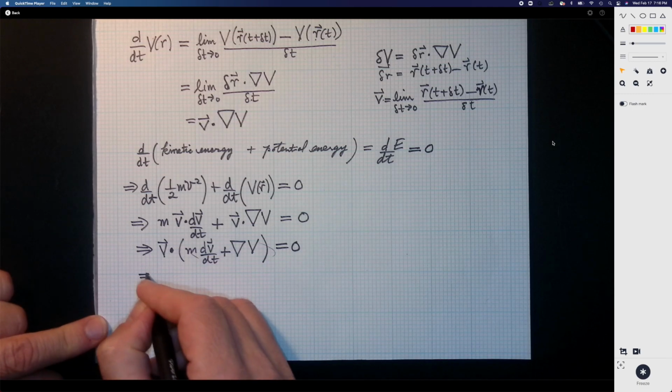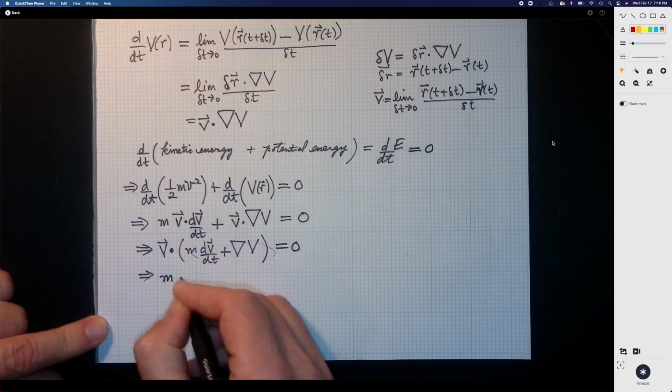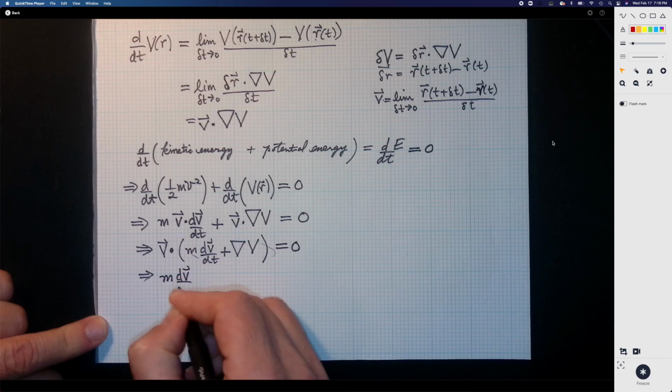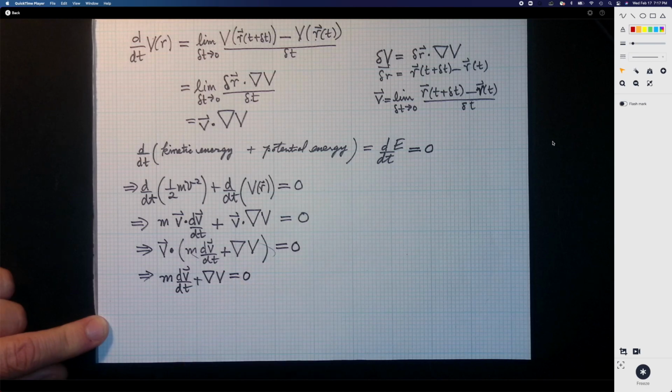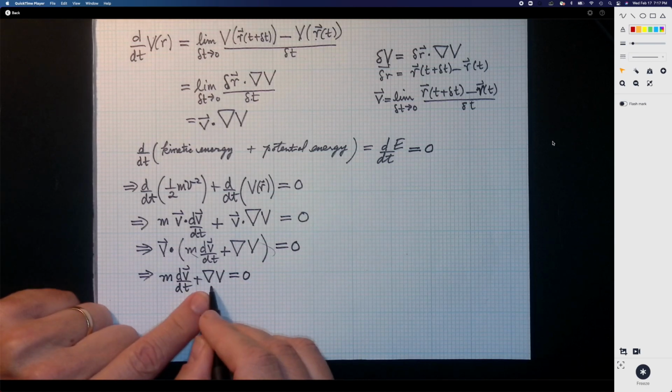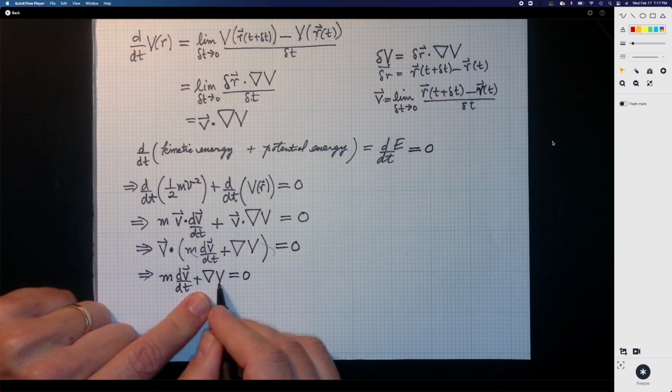So that means that the gradient of V plus m times the acceleration is 0. And now if we identify the force as being the negative of the gradient of the potential energy function, then we'll get Newton's law.